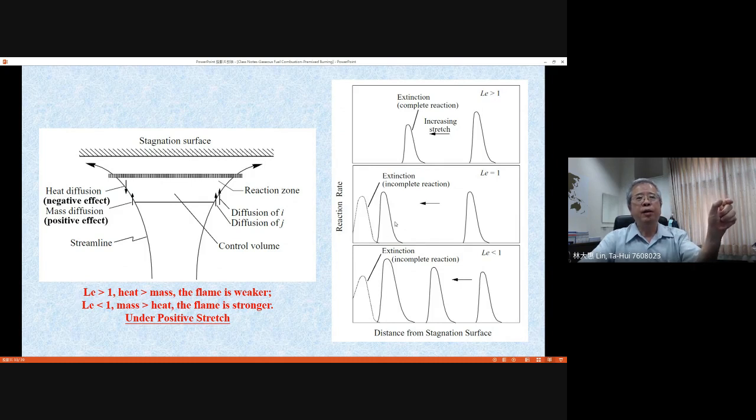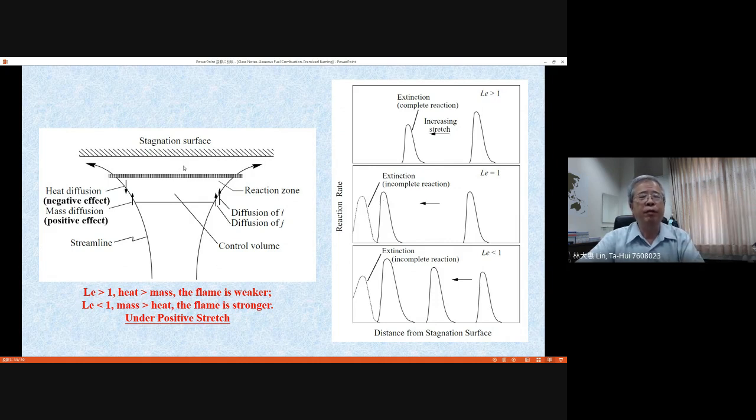When the flame gets closer and even touches this plate, there will be a very strong heat loss, and you will see some region is broken because there is no time to finish the chemical reaction. Now you may suppress the burning intensity in this region. Then finally there will be extinction, and this extinction basically comes from the heat loss or incomplete combustion for the stagnation point flow.